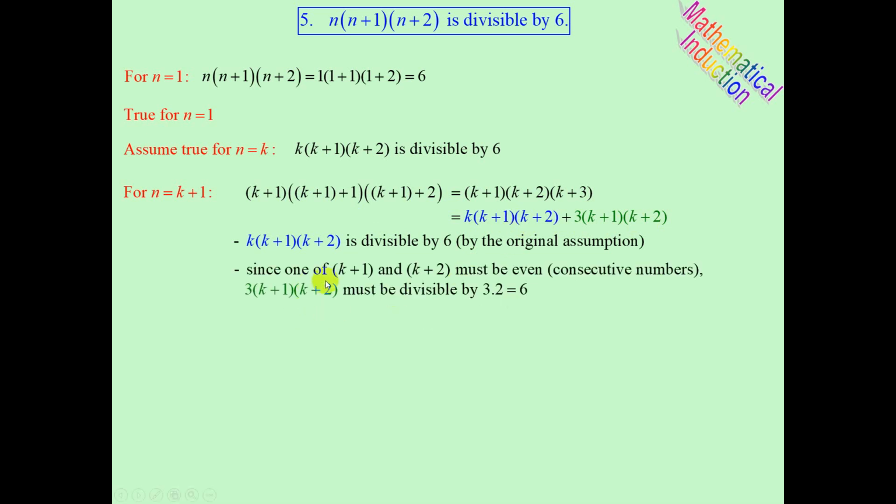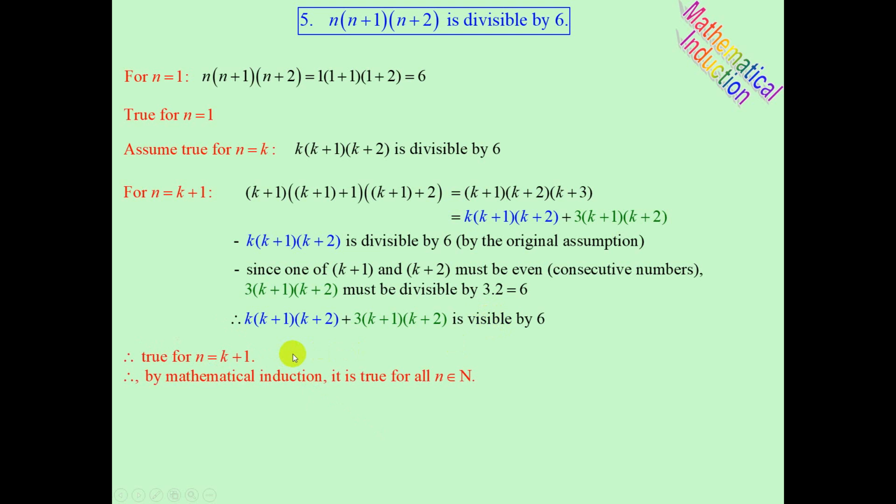And then we reason, since one of those two must be even, because they're consecutive numbers, that the green must be divisible by 3 times 2, 6. Therefore, the whole expression is divisible by 6. So therefore, we can say true for n equal to k plus 1. And our final statement.